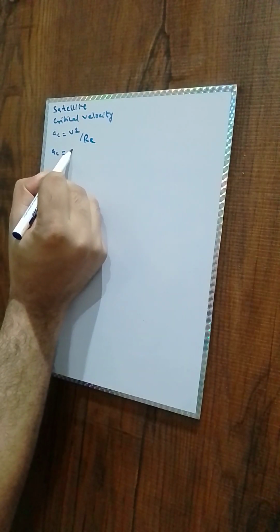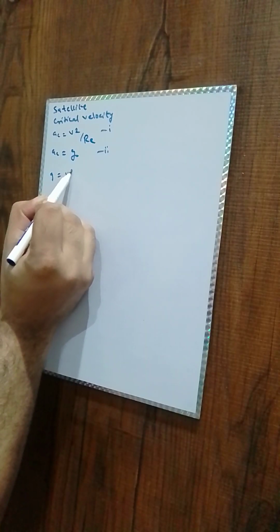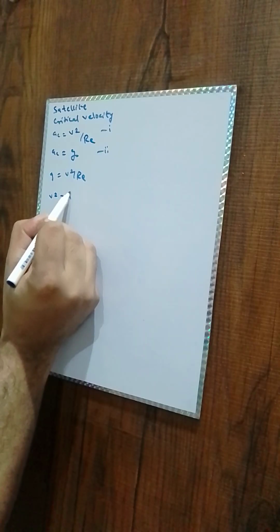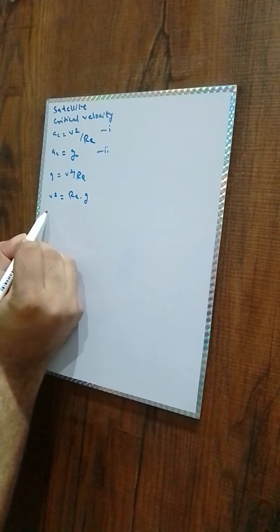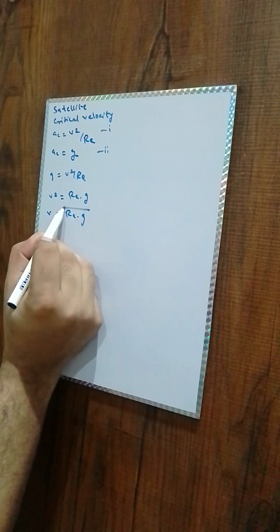V square by r is equal to ac, and the centripetal acceleration is equal to acceleration due to gravity, very much. And so we equate the two, 1 and 2, so we get g is equal to v square by re, and so v square is equal to re dot g, and v is equal to re dot g under the root. So this is very much the critical velocity for the satellite.